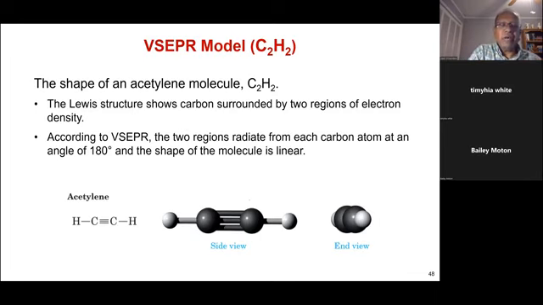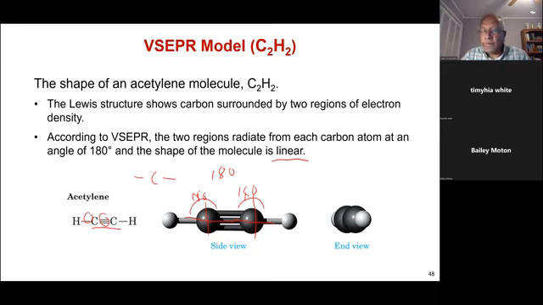The acetylene molecule, the carbon atom is 180, linear. This is linear. This carbon is also linear. So 180 here, 180 here, from here to here. Therefore, it's a linear molecule. So the acetylene molecule is linear.